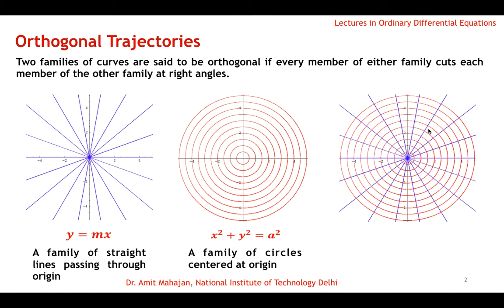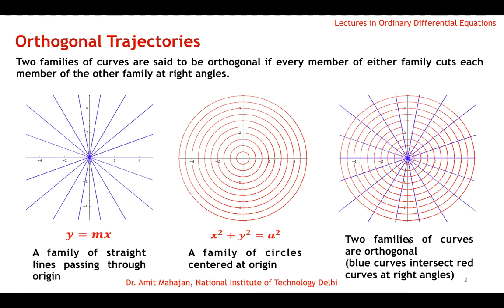So they are orthogonal to each other and are called orthogonal trajectories. These two families of curves are orthogonal because the blue curves intersect the red curves at right angles at all points of intersection. Now the question is how to calculate this.